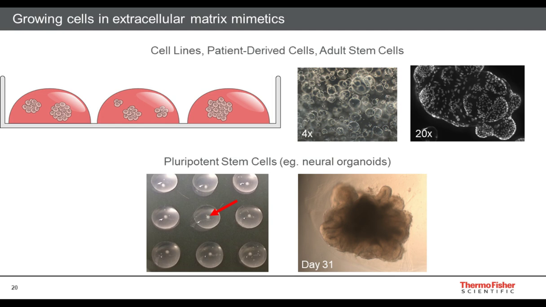However, these materials are temperature sensitive, meaning you have to be careful. You have to work with them under conditions that are sometimes hard to keep sterile. So keeping things on ice, for example, so that the ECM mimic doesn't polymerize while you're working with it.